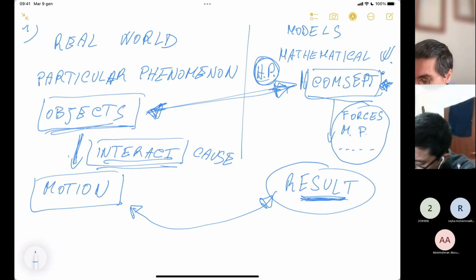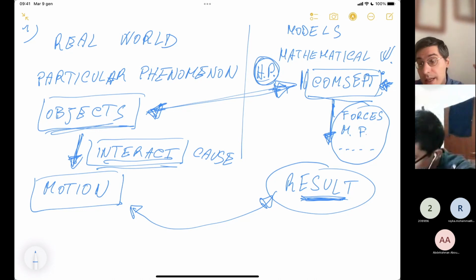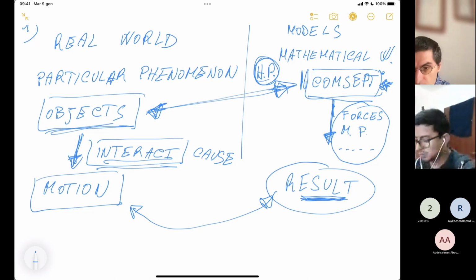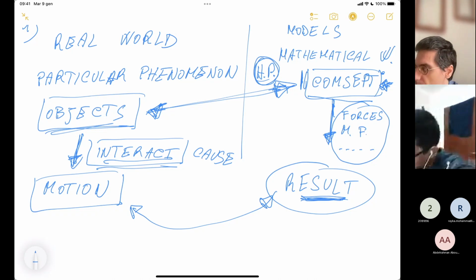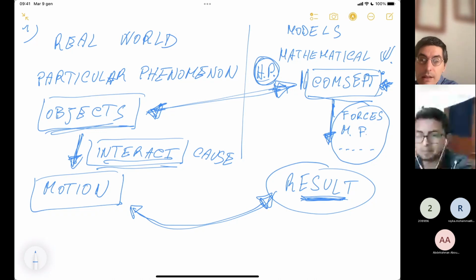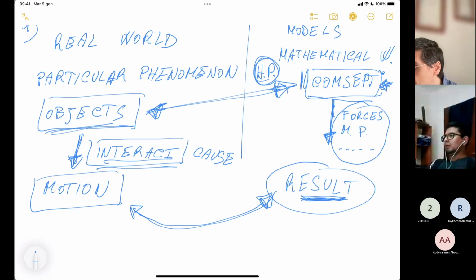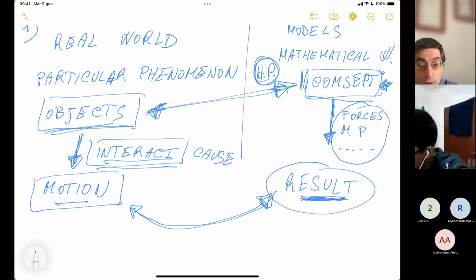If you have some kind of relationship that links together the real interaction with this abstract concept that we introduce to reproduce the same outcome, then you are able to obtain some results in the mathematical world, the motion in the real world. Of course, your model is good if this result and this motion can be considered equal.